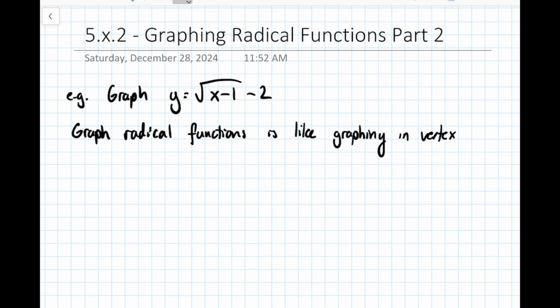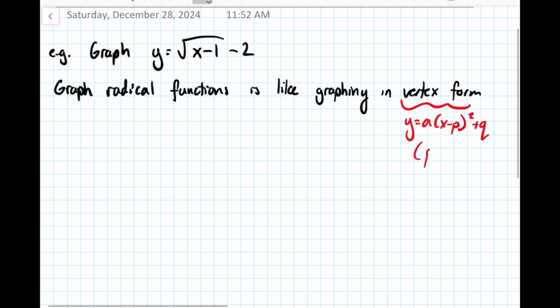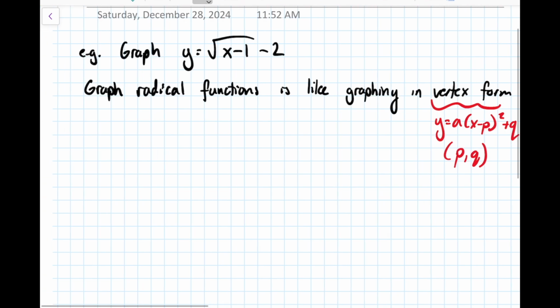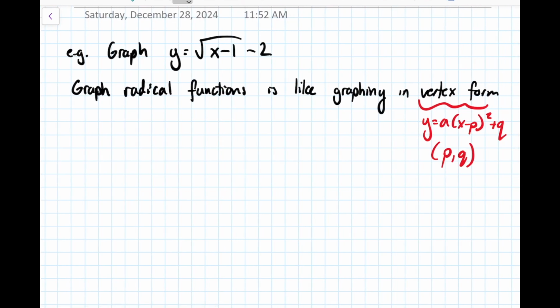Remember, your vertex form was a(x minus p) squared plus q, and that gave you your vertex at (p, q). This doesn't have a vertex necessarily, because it doesn't have that curve or bend in it, but it does have an endpoint, where the graph stops.